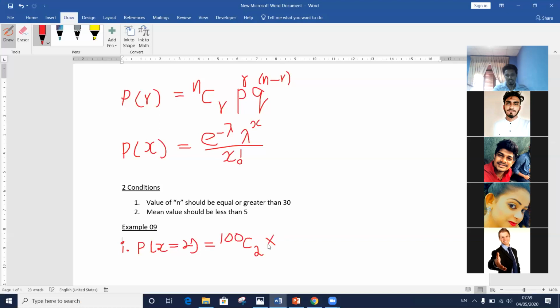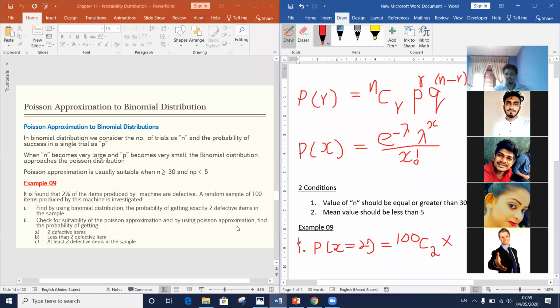This we need to multiply by p to the power r. Can you remember what we mean by p? Probability of success in a single trial, the probability of the thing we want to happen.